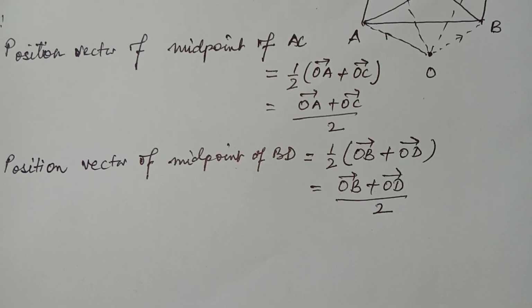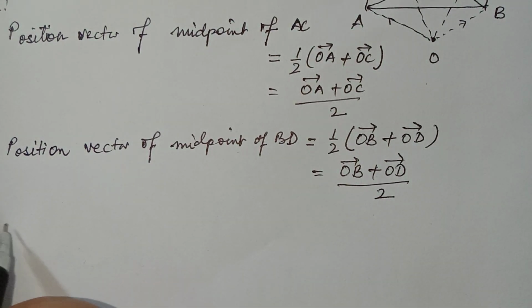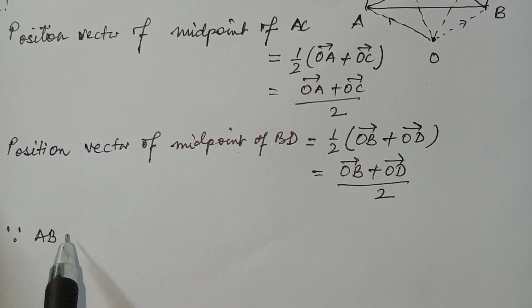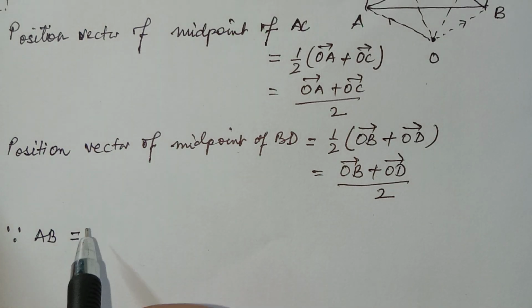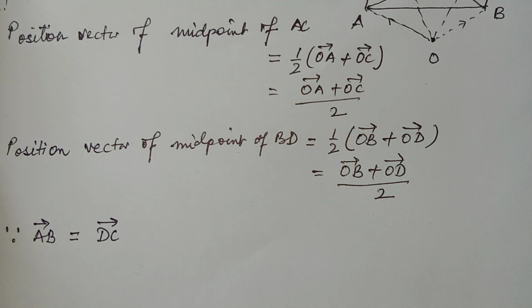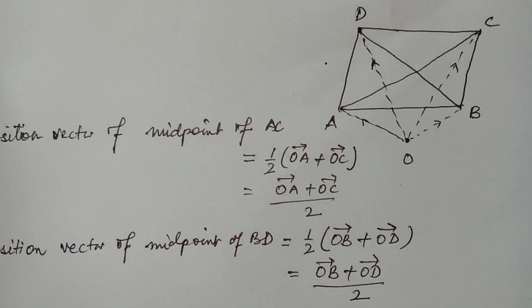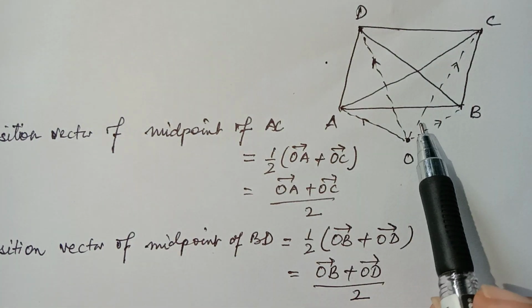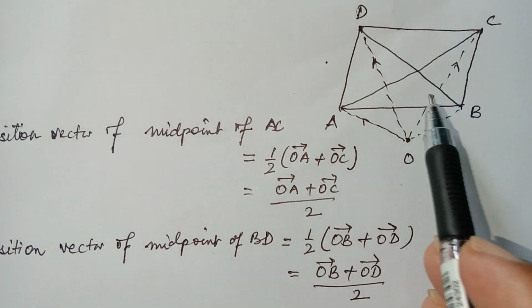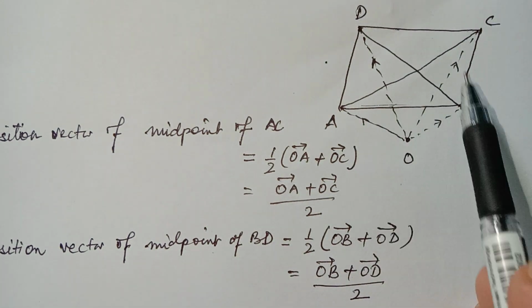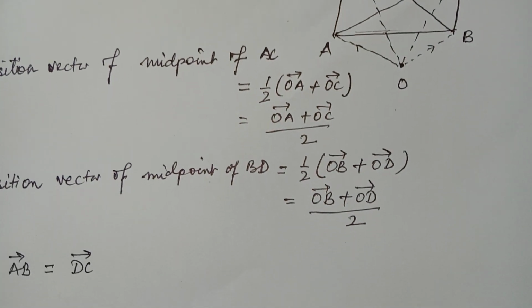Now let's see. Since vector AB is equal to vector DC, let's check why this is so. AB and DC are the opposite sides of a parallelogram, and the opposite sides of a parallelogram are equal. Hence their directions are also the same, so the vectors are equal.